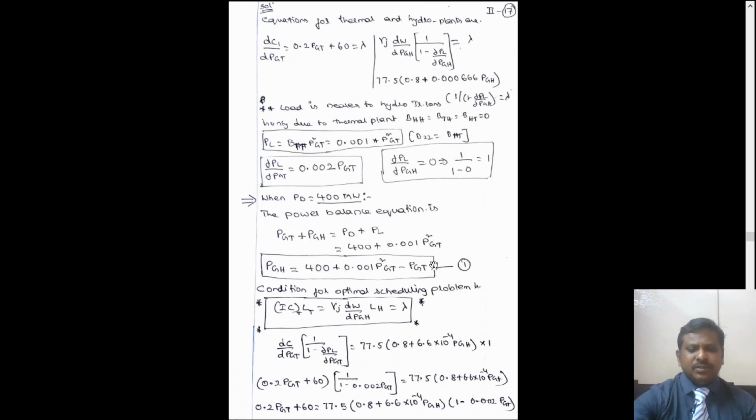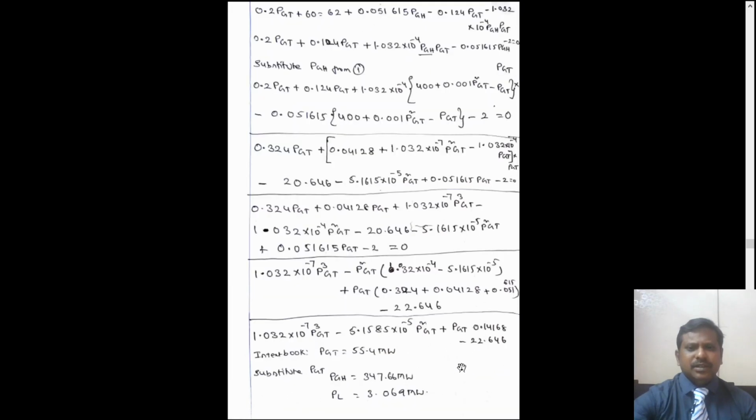So you got Pgh as this equation. Substituting these values in the coordination equation, you will again get a cubic equation, which gives Pgt equal to 55.4 megawatt, Pgh equal to 347 megawatt, and PL equal to this value. From there, using the coordination equation, you solve Pgt plus Pgh minus PL and substitute in the PD.